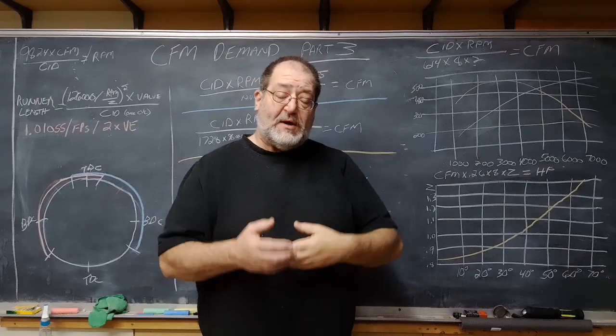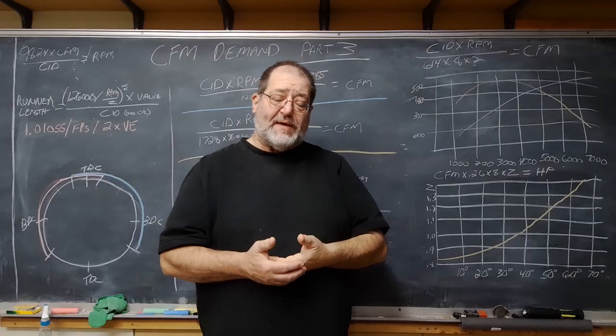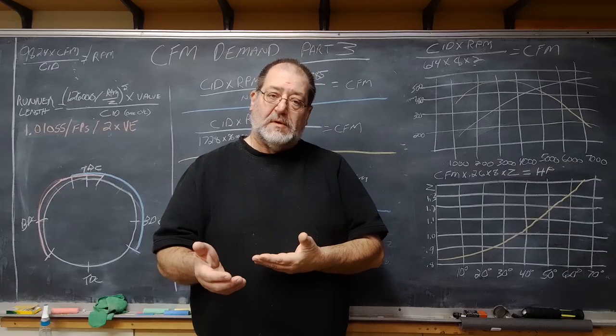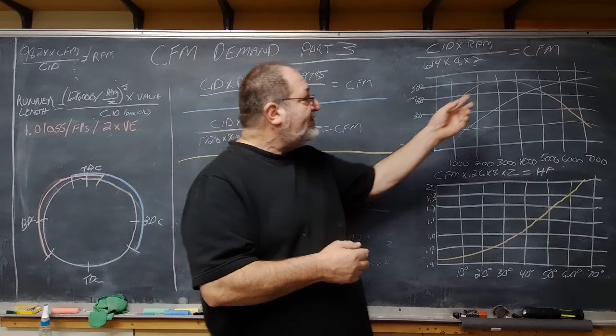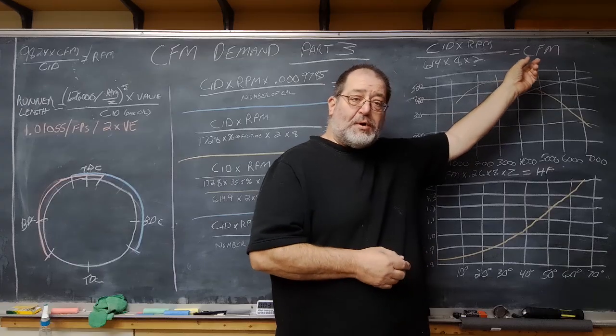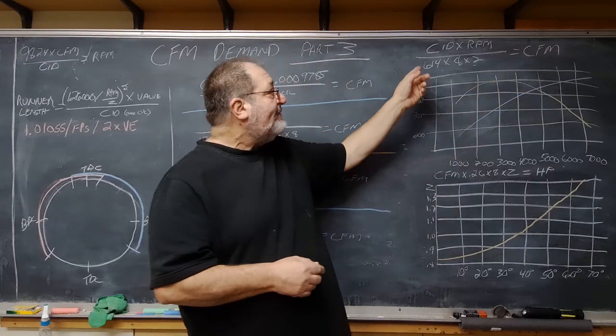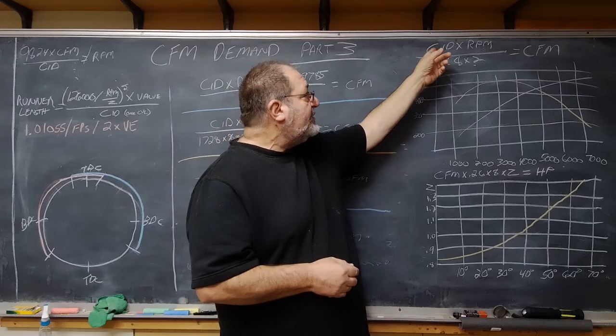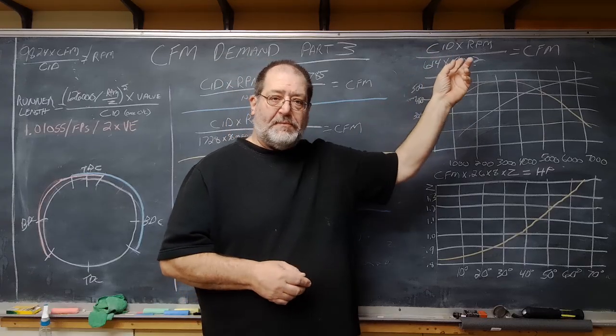What that gives me when I multiply those two together is cubic inches per minute. Okay? But my exit is in cubic feet per minute. And I have nothing in this formula to convert from cubic inches to cubic feet.